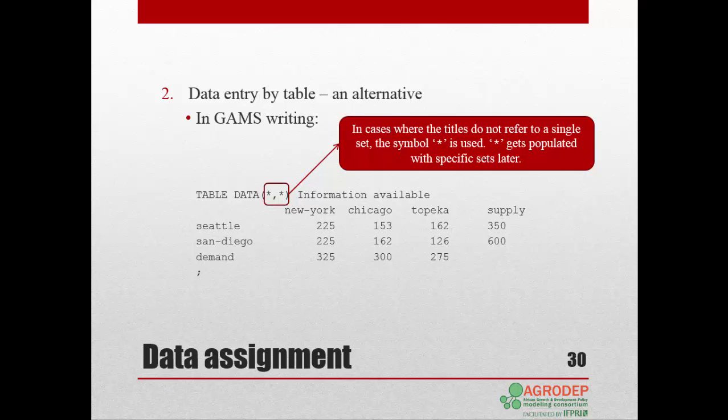It indicates that the sets can be specified later. When writing a table, note that the column values must be aligned with the corresponding column titles as shown on the table. At least one digit must be aligned with the title. Also, no part of the value must appear under another column, or GAMS will not know to which column it should assign the value.